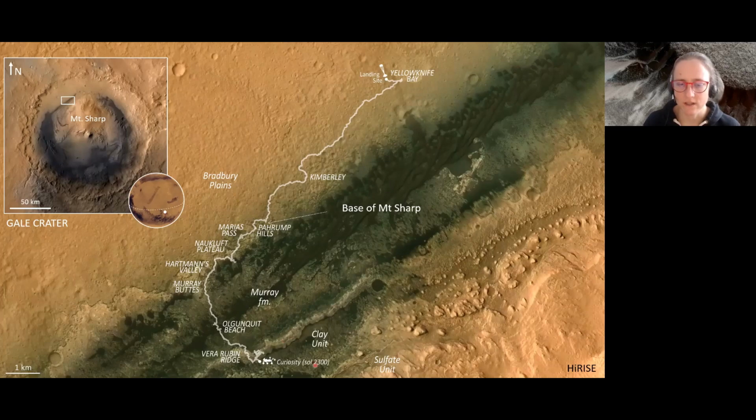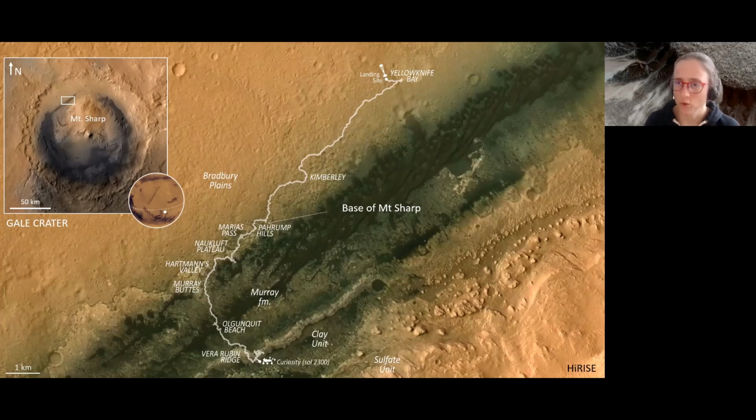And you can see that one of the units is called the clay unit, and these clays have been identified from orbit as a sign of a lake. So what we think is going on here is that we had a lake in the bottom of this crater, and actually inputs from the valleys and catchments, both from the mound and from the crater rim.